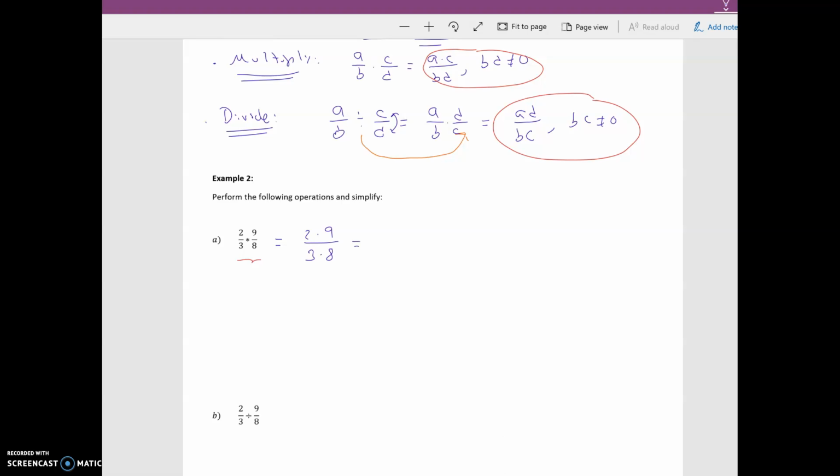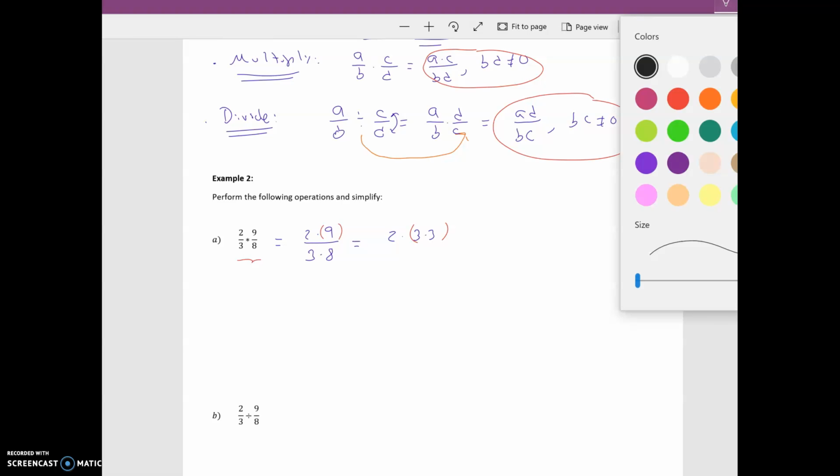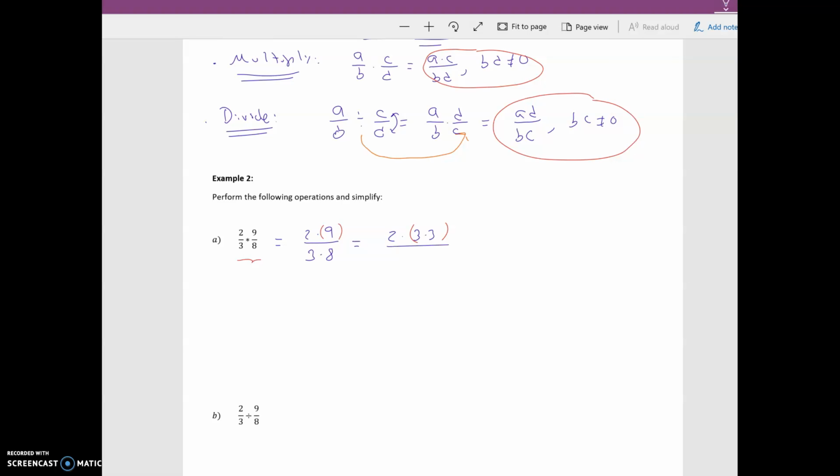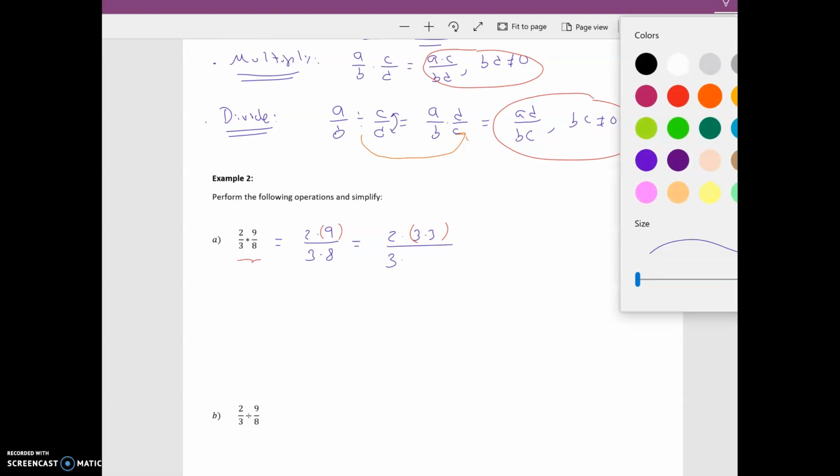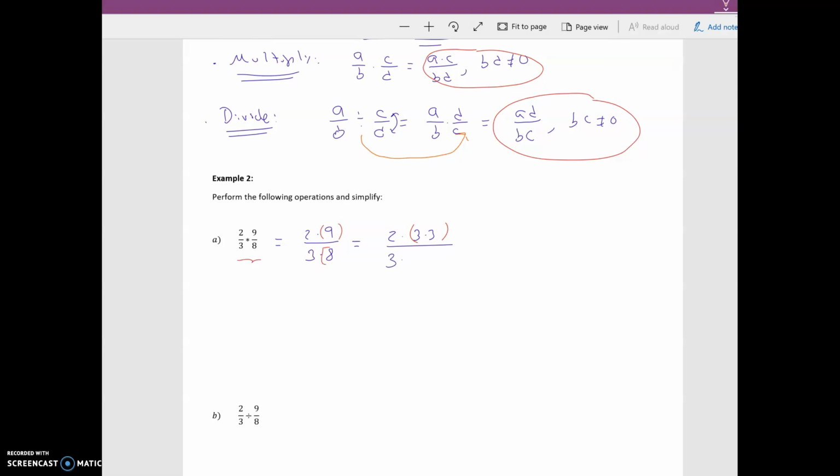So what I'm going to do is write it as 2 times 3 times 3, which represents the value of 9. It's 3 times 3. And then in your denominator, you technically have 3 times, and I'm going to break down the 8 and rewrite it as common factors so we can carry out a cancellation.